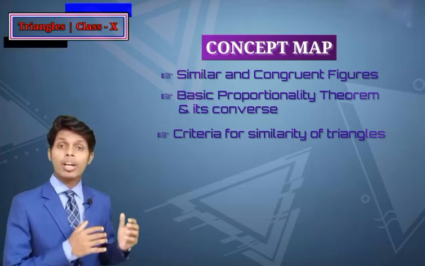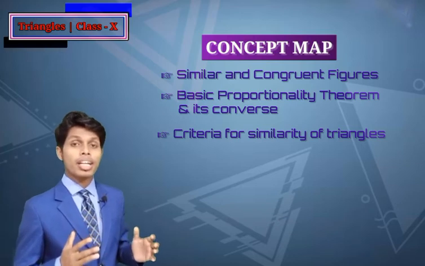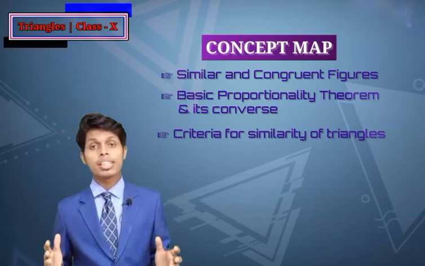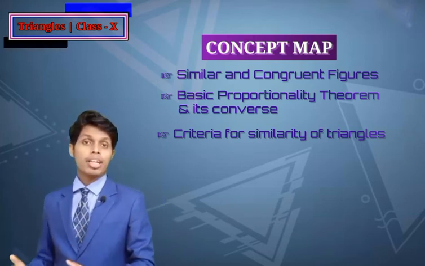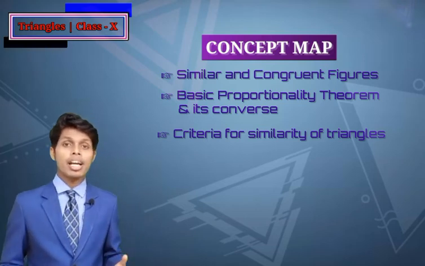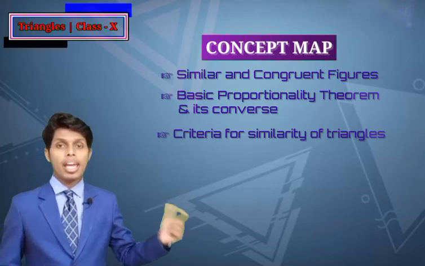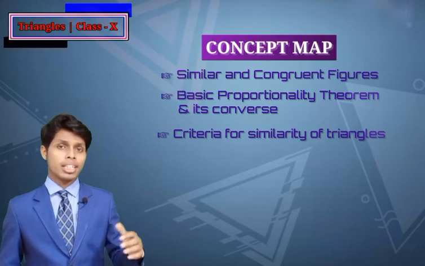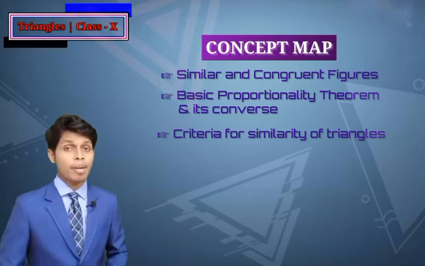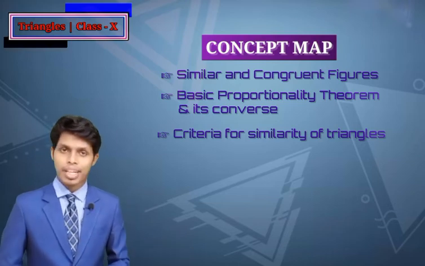Similarly we are going to learn some more criteria so that two triangles can be similar, and the criteria will be AAA, SSS or SAS. There will be three criteria for two triangles to be similar.